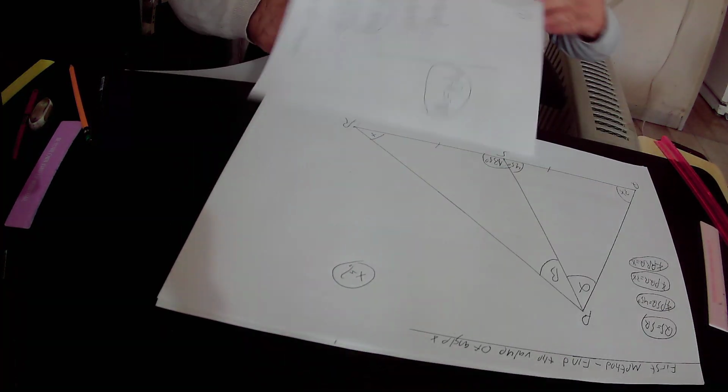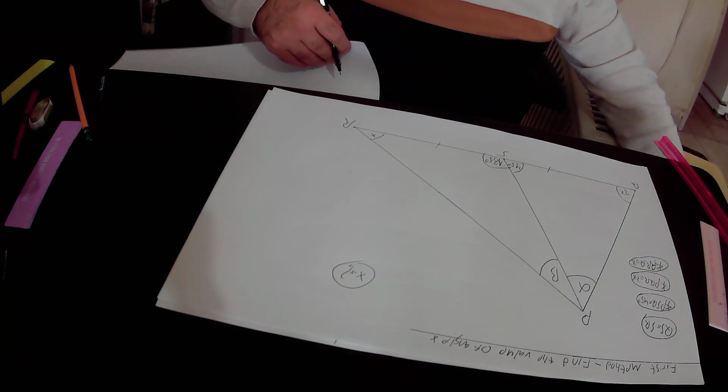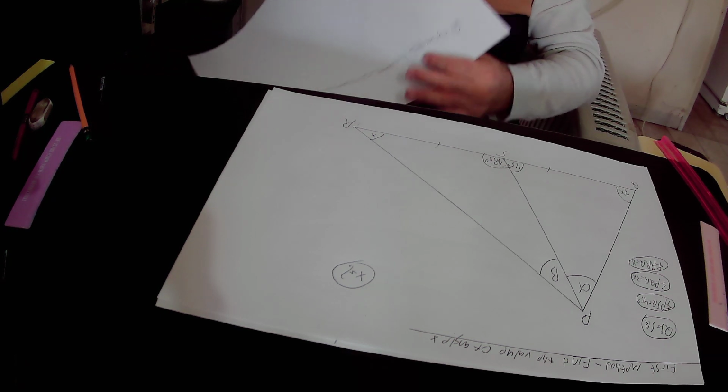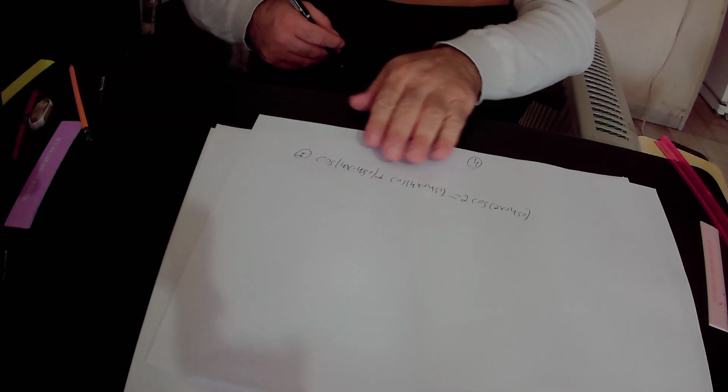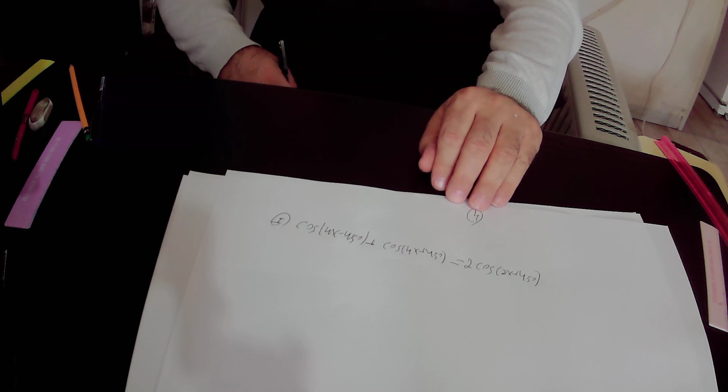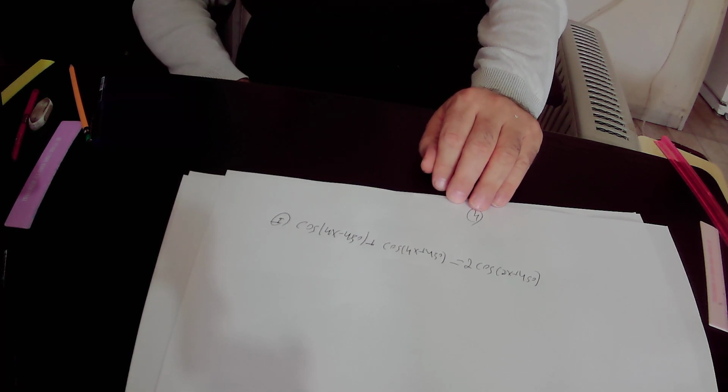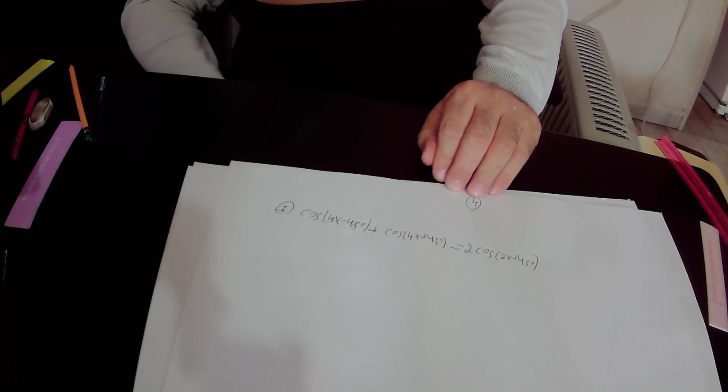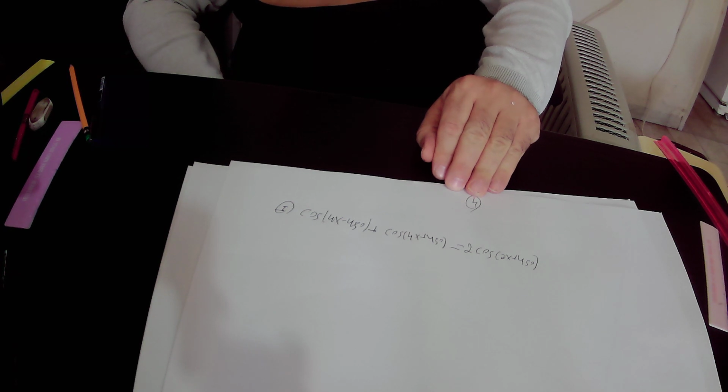So we found out that according to equation number 1, cosine 4x minus 45 degrees plus cosine 4x plus 45 degrees equals 2 times cosine 2x plus 45 degrees.